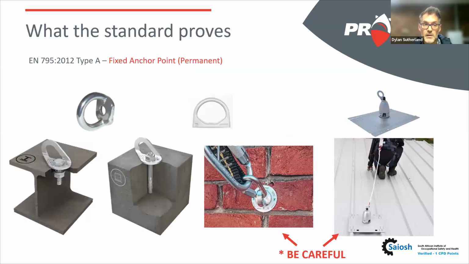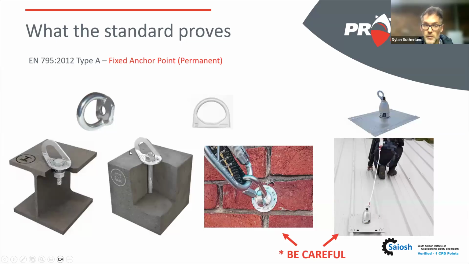Now, type A is a fixed anchor point. That means it's going to be installed permanently, and it's not going to allow somebody movement or ability to travel. So when I put this in the ground and I try and move, it will not move with me.